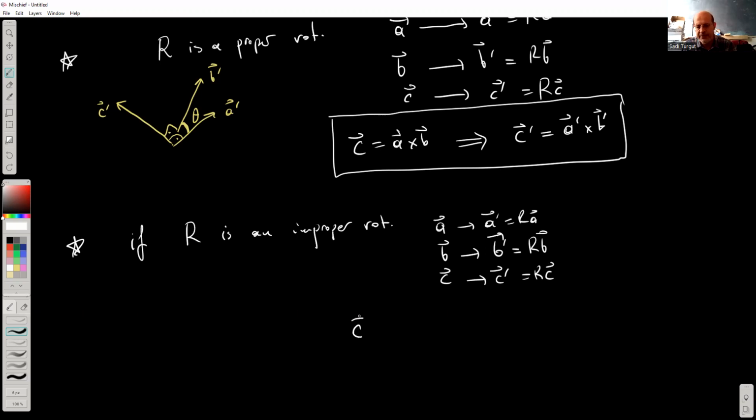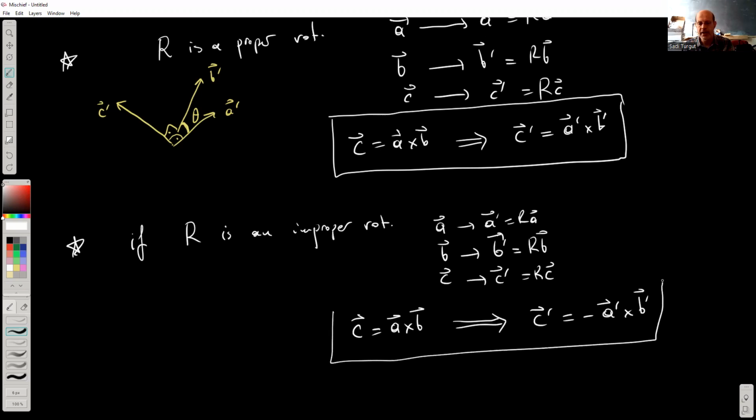In that case, if C is equal to A cross B, under a transformation C prime would not be equal to A prime cross B prime, but would actually be equal to the negative of that, right? So after an improper rotation, C will be carried to C prime, but that would not be equal to A prime cross B prime. That's something we need to keep in mind.